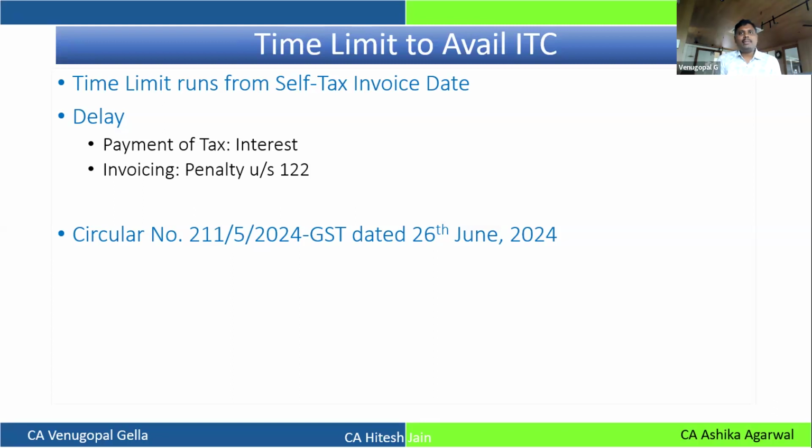They have made amendments in the wordings both in the Act and also in the relevant proviso in section 31. Hence, if you have to issue a self-tax invoice, you have to issue it by so-and-so time. And the time limit to avail the input tax credit would also be by 30th November of the subsequent financial year. This is something one has to take care of.